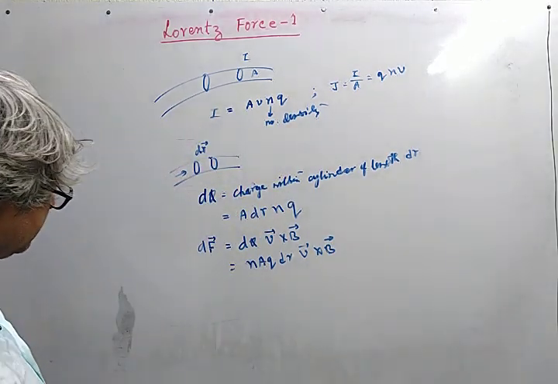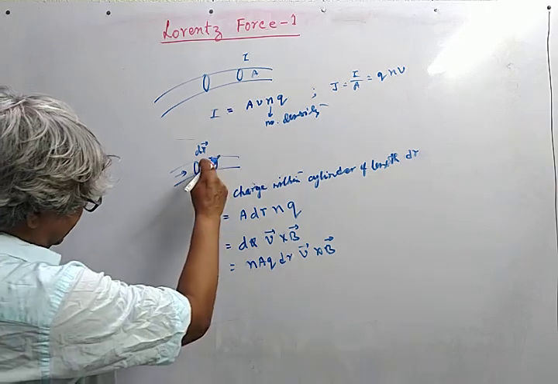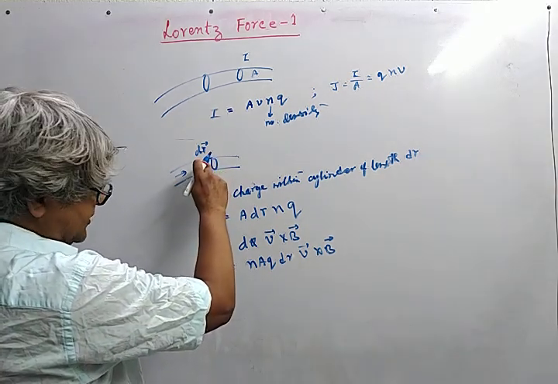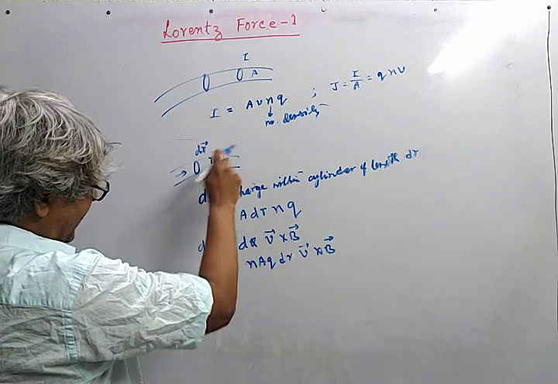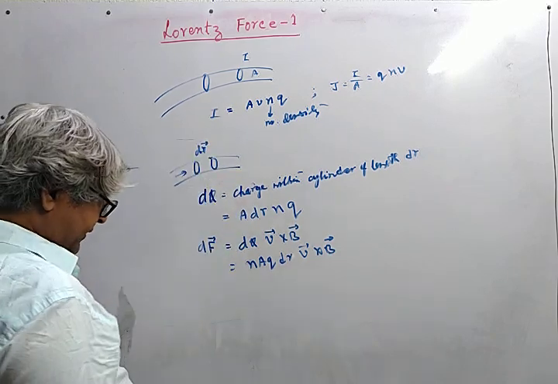We may assume that the velocity of the charged particle is always tangential to the wire, and dr is parallel to this.